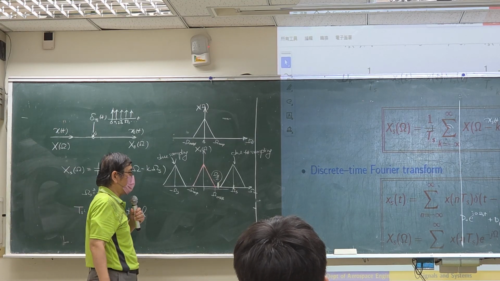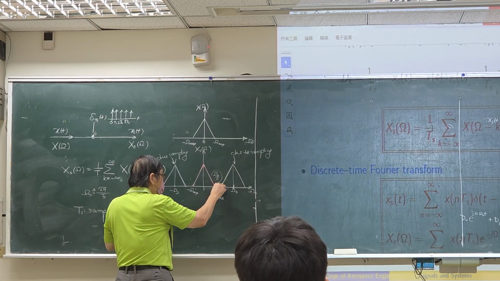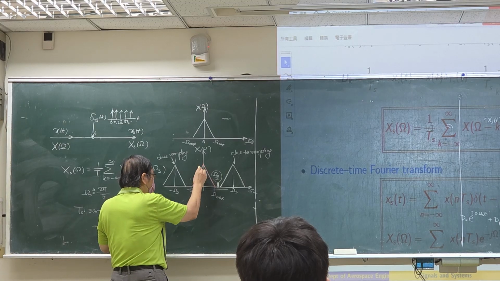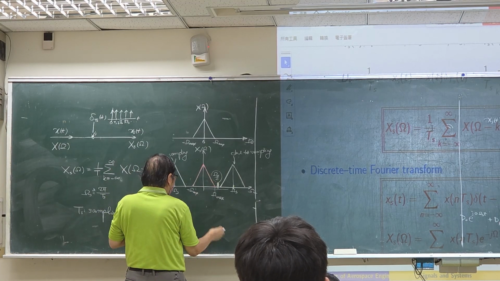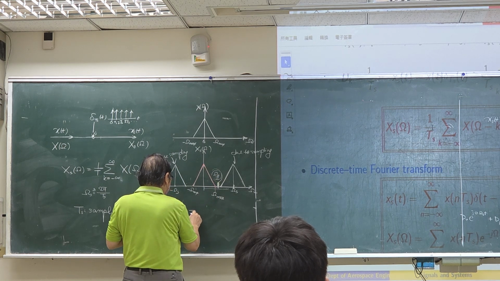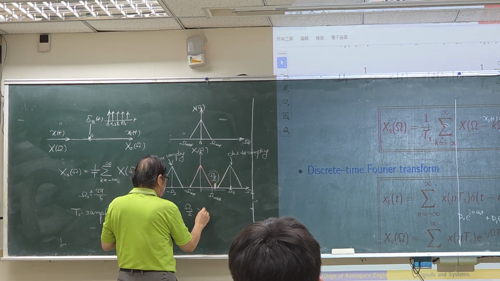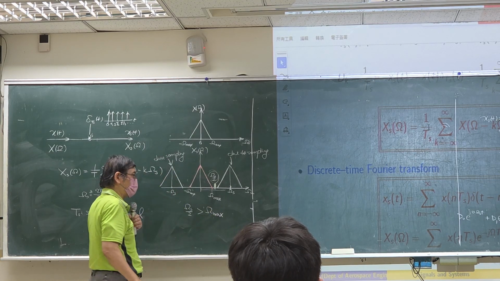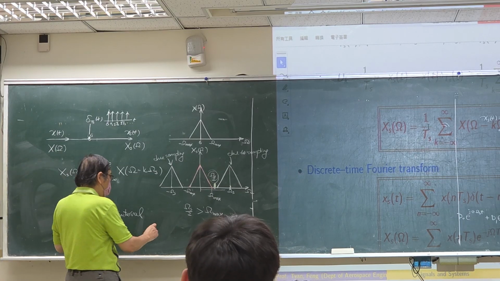Okay, to avoid aliasing, we do not want this frequency response to overlap with the original, right? So that means the middle frequency, omega s over 2, 1/2 omega s, should be greater than the maximum frequency of the original signal. Okay?